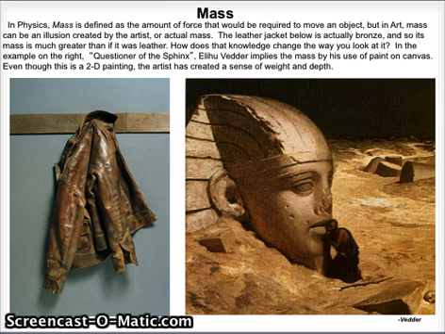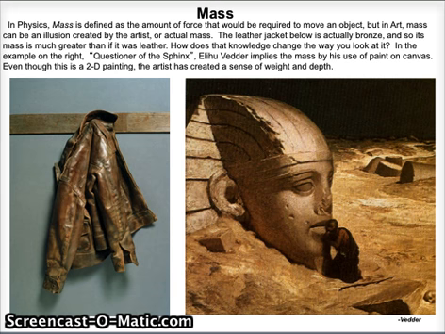Now, here's something we call mass, which means the weight of the object, but it can also be an illusion. Let's look at two of these images to provide an example here. On the left, we have what is actually a bronze jacket.